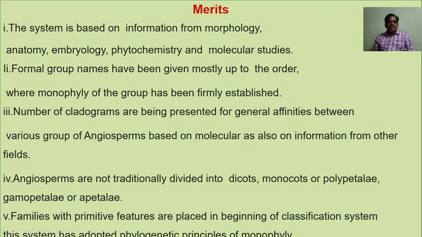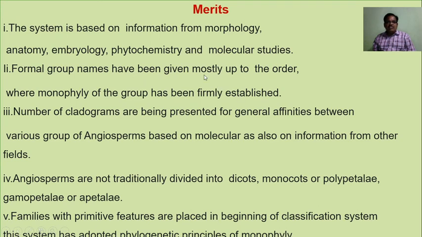The system is based on information from the morphology. That is, maximum information is collected from morphology, anatomy, embryology, phytochemistry and molecular study. Then formal group names have been given mostly up to the orders, where monophyly of the group has been firmly established.